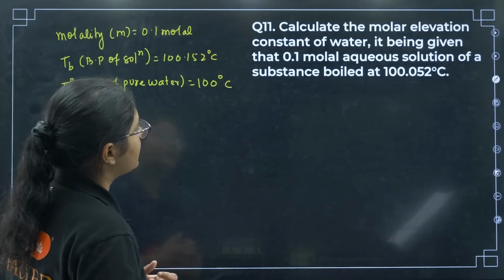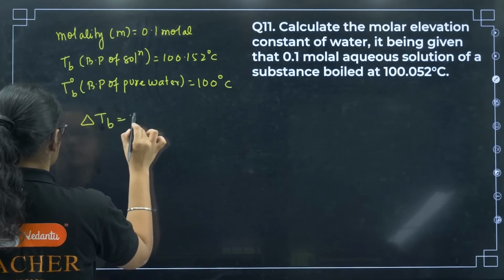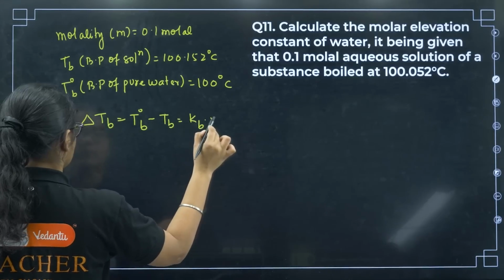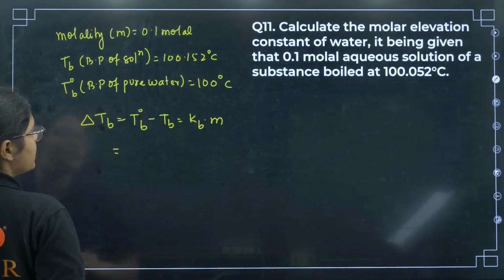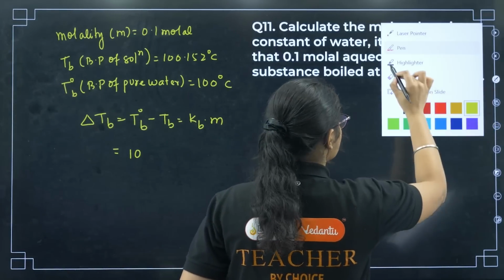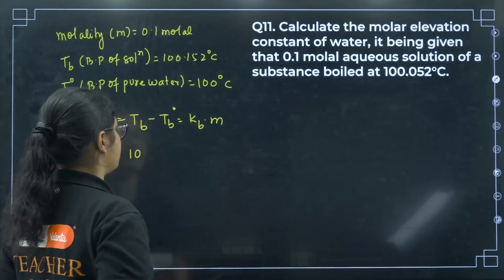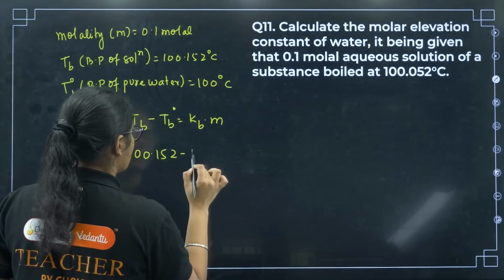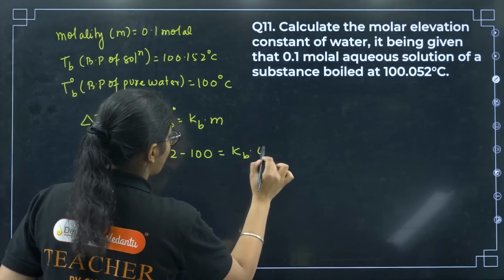Okay, now delta Tb is equal to T0b minus Tb is equal to Kb into m. Here a small mistake. Always remember, in boiling point, the boiling point of the solution is higher, right? So it is Tb minus T0b. So I can put 100.152 minus 100 is equal to Kb into m, which is 0.1.